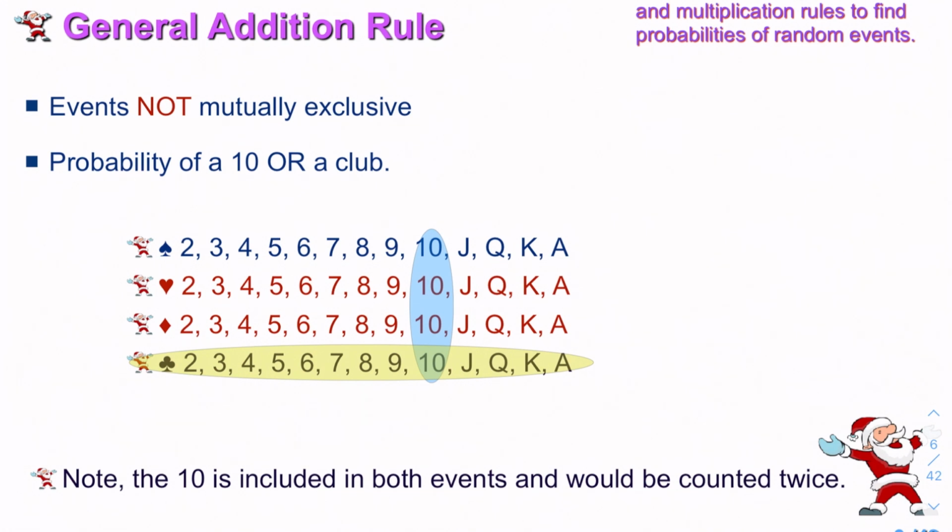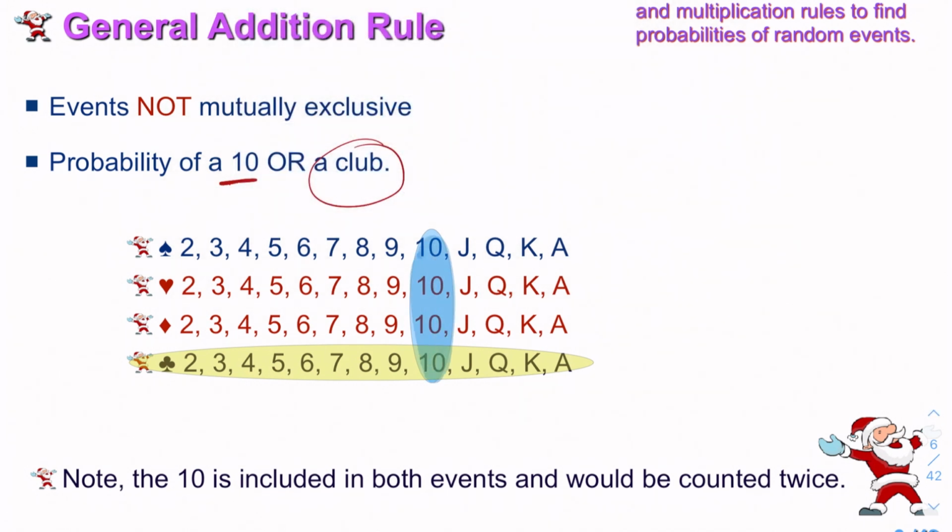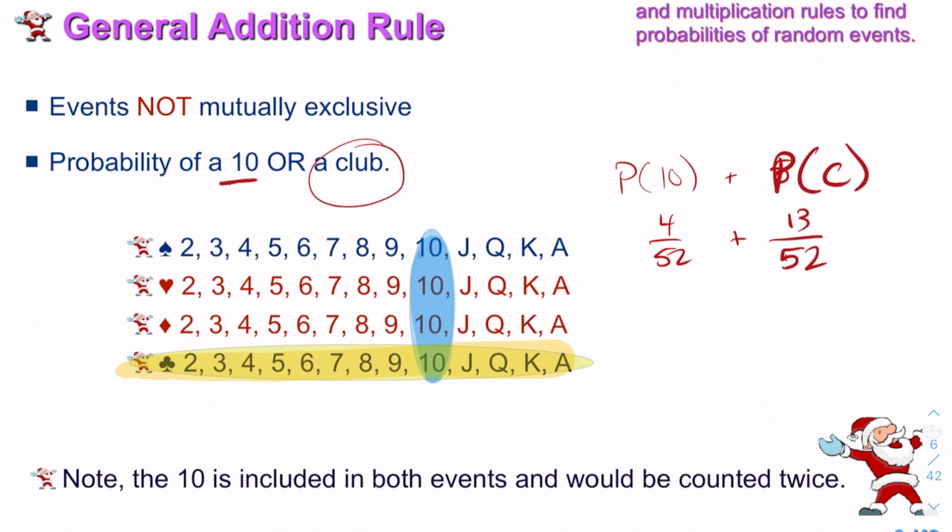Say we have a deck of cards and we're asking, what's the probability of getting a 10 or a club? In blue, we have highlighted that we have 4 10s that we can all see. And we also see that there are 13 clubs altogether. So one would think that you take the probability of getting a 10, which is 4 out of 52, plus the probability of getting a club, which is 13 out of 52, and we just add these two.